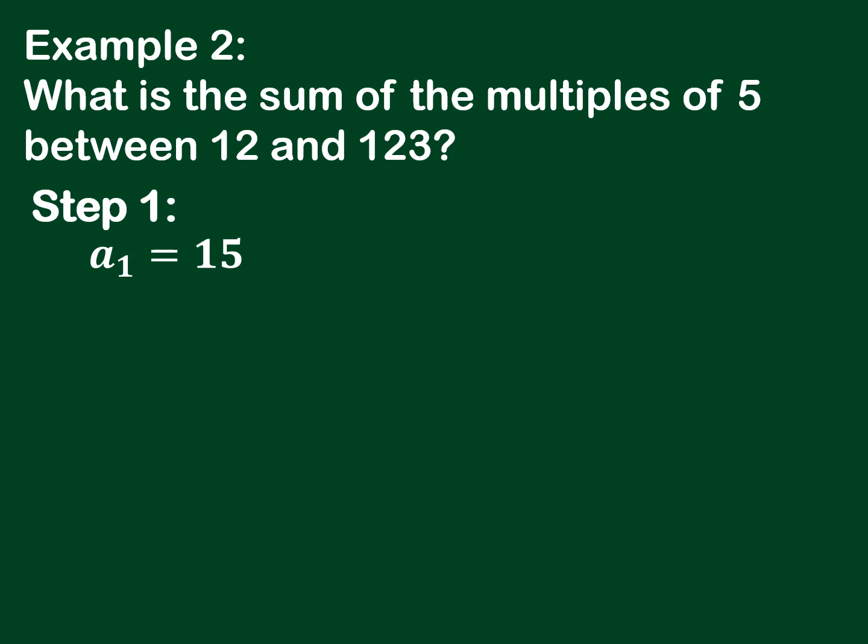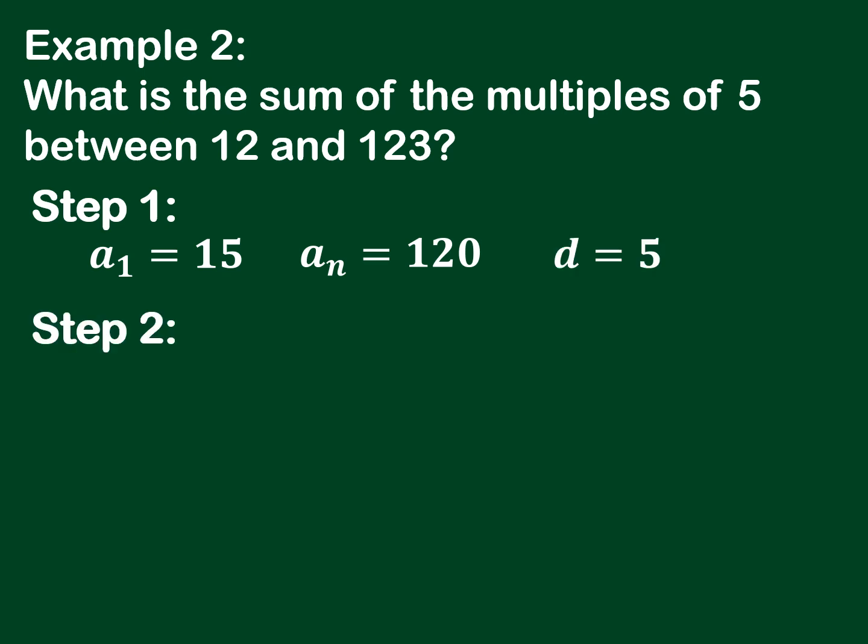And for the last term, 123 is not a multiple of 5, so we're going to determine a number which is less than 123 and a multiple of 5, and that is 120. And the value of d is 5.